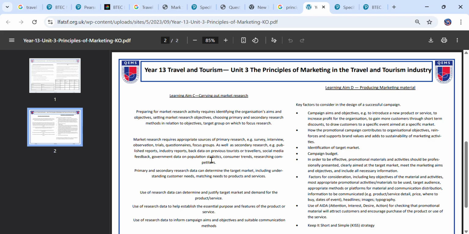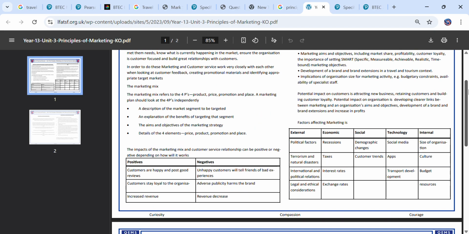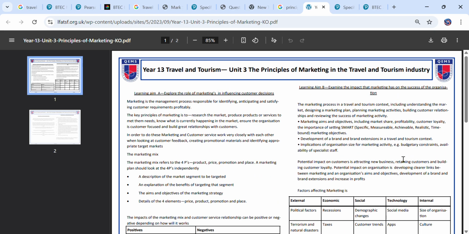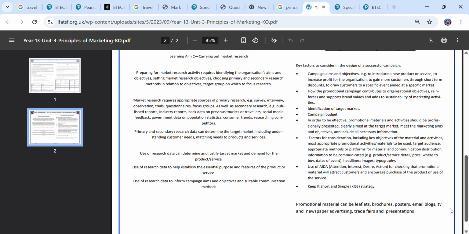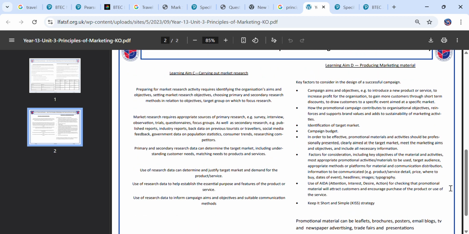You can put it into a stat, and the teacher will give you a grade. What I really like about the coursework is that it's easy to get higher marks, and even if you don't do so well in the exam, you can always do better on the coursework. So it evens out, and it's a really good course. You also have to do a presentation for learning aim B, but it's not that difficult because it's part of the PowerPoint, and it teaches you to be interactive.